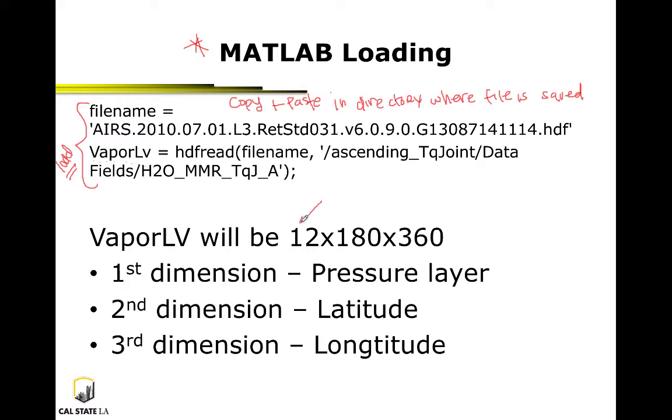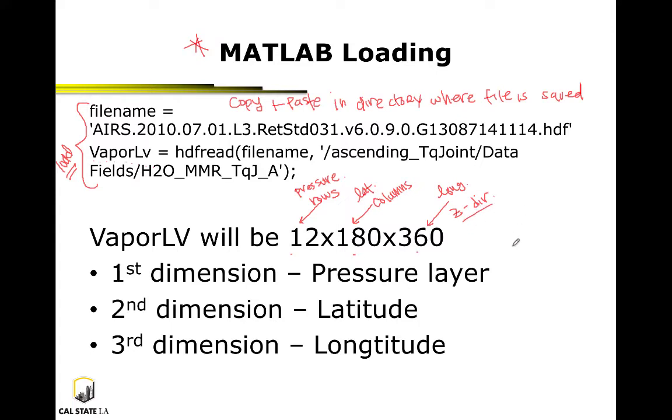This is in your rows, which corresponds to our latitude, and this is our columns, which corresponds to our longitude, and this is actually in the z direction. So you can have a variable that has 1, 2, 3 dimensions.